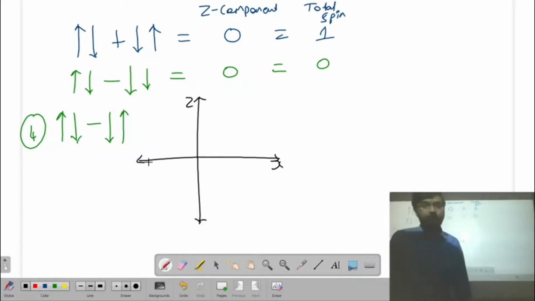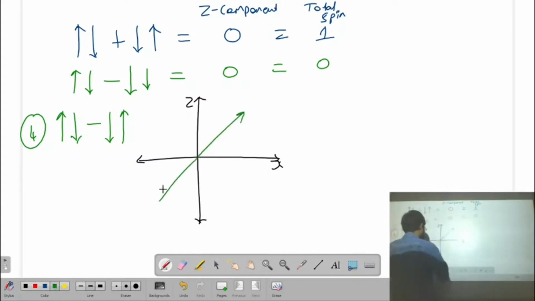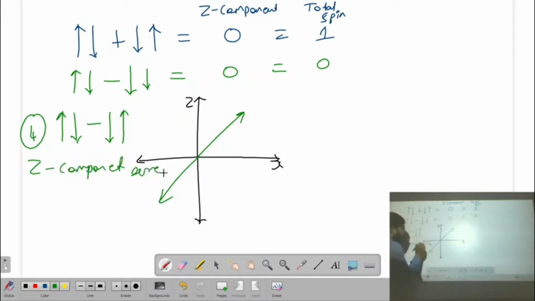Both the spin vectors will be in opposite direction, exactly opposite to each other.